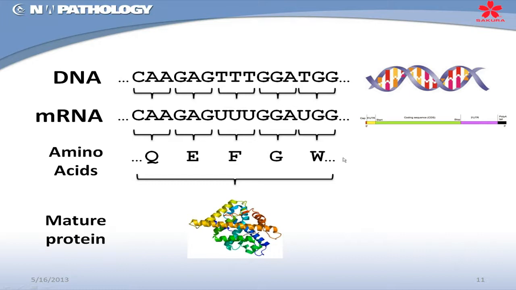There's a long list of amino acids, and this translation uses the genetic code, which we won't go into in too much detail, but basically the genetic code takes 3 bases as a code for a single amino acid. So every 3 bases codes for 1 amino acid. Then this string of amino acids folds by various interactions from one amino acid to another into these various structures that carry out the various functions in the cell.